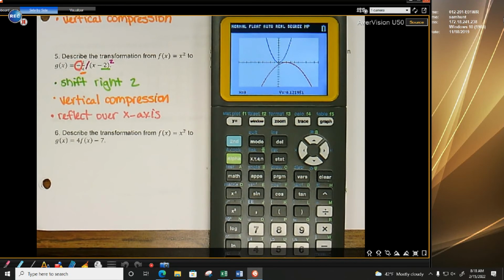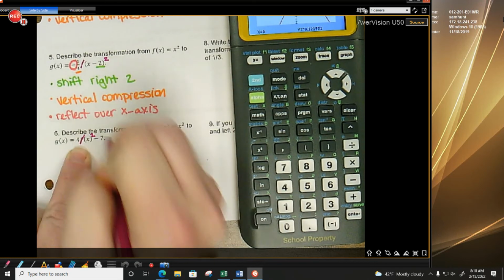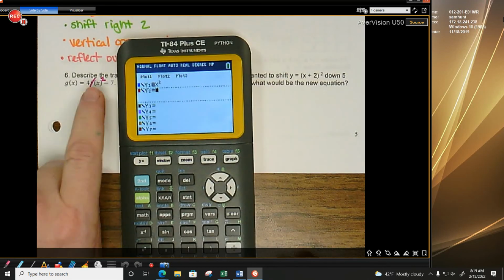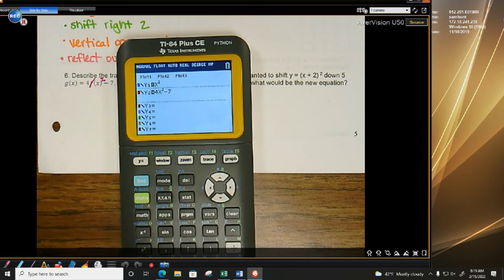Okay. We're going to get the F out and put the squared on the parentheses. So go to your calculator, I'm leaving my y equals x squared, and I'm putting 4x squared minus 7. Graph it. Is my vertex in the same location?